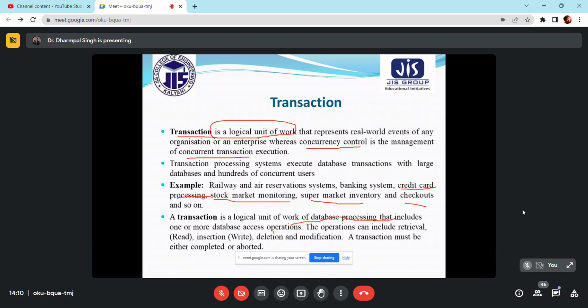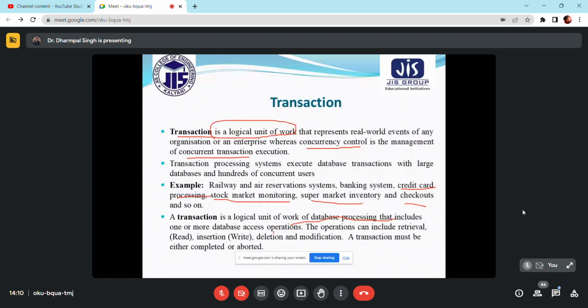So a transaction is the logical unit of work of database processing that includes one or more database access operations, mainly read and write. These operations can include retrieval, read, write. Read means retrieval, insertion means write, deletion, and modification.